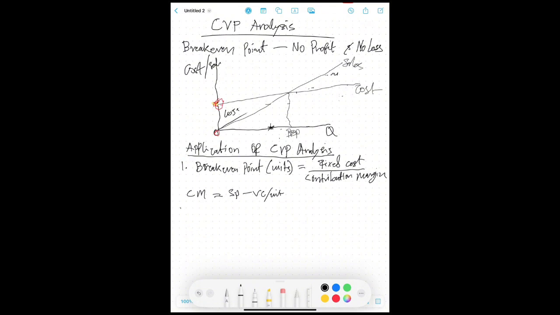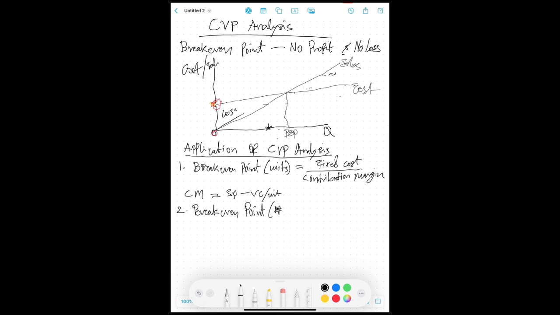Number 2, it can be used to calculate your break-even point in value. That is, how much will I sell? Now we are dealing with Naira. If you are dealing with dollars, it means I'm talking about value, dollar or Naira, as the case may be, wherever you are.